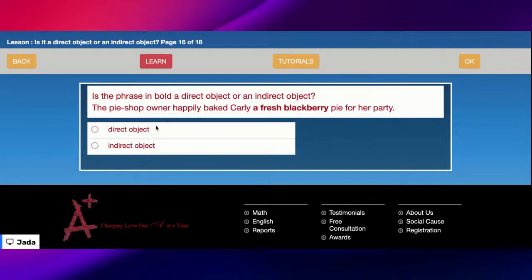And then this one says the pie shop owner happily baked Carly a fresh blackberry pie for her party. Michael, you need me to explain this lesson we're doing?